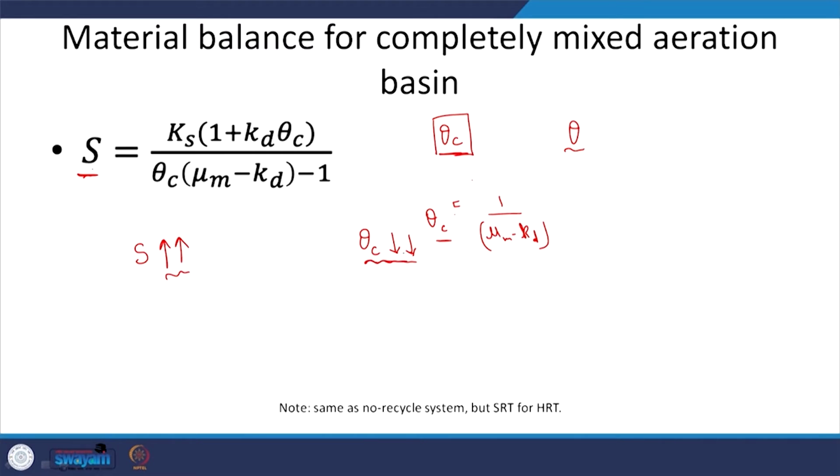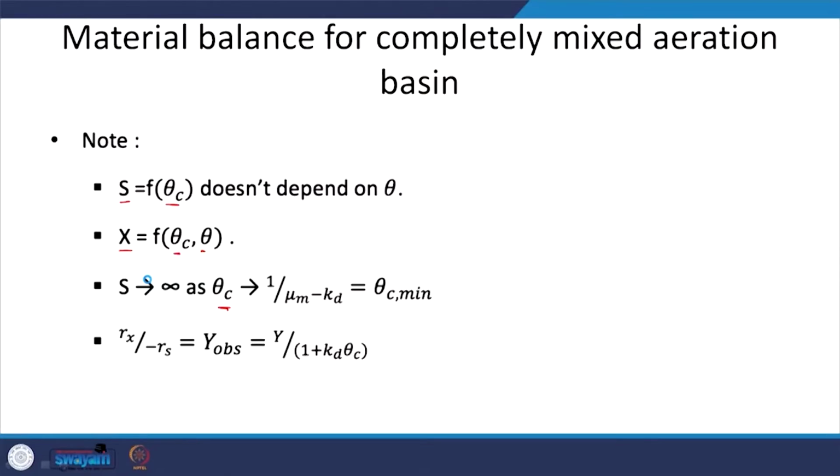If the microbes are spending less time in the system, then there is not enough time for the microbes to degrade the relevant wastewater. So, that is why the substrate, or the concentration of your particular compound of interest, which here is BOD, in your effluent is increasing. So, that is what we see out here, right. So, S goes to infinity as theta C goes to this value, which is the theta C minimum.